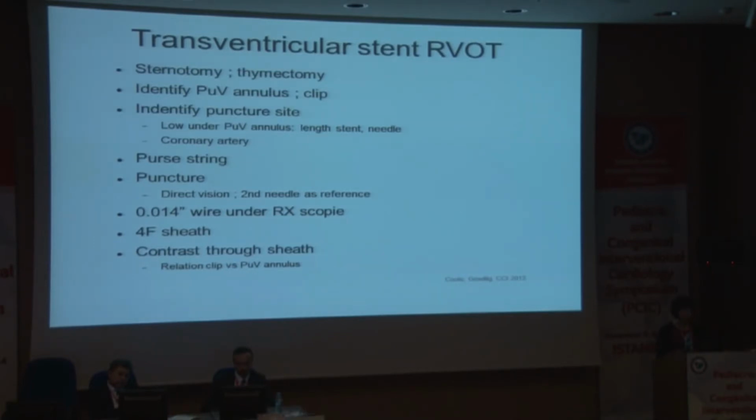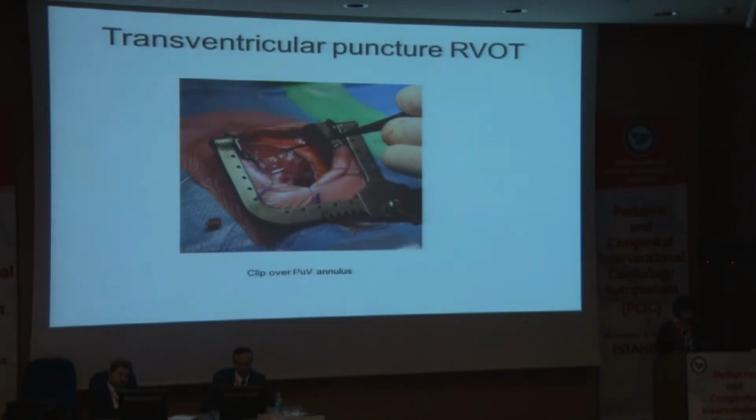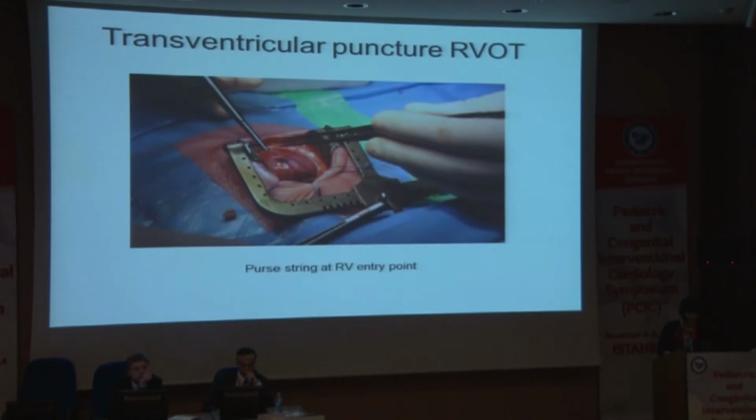And the importance of the pulmonary valve annulus clip is that it is a good reference to see the position of your stent. This is a patient where you can see the clip placed on the pulmonary valve annulus as reference. You can see the purse string that is made at the entry point.